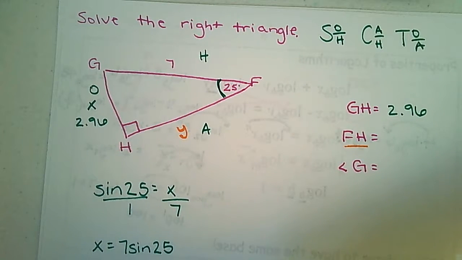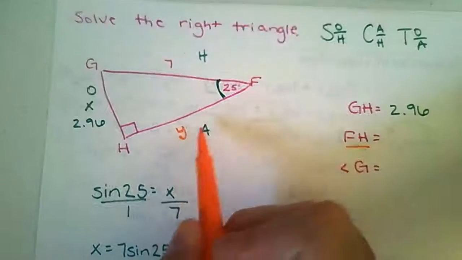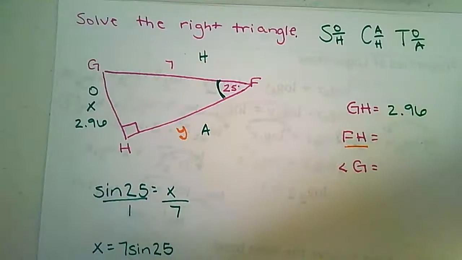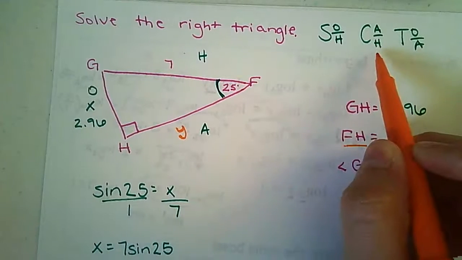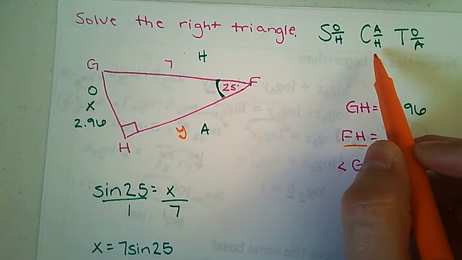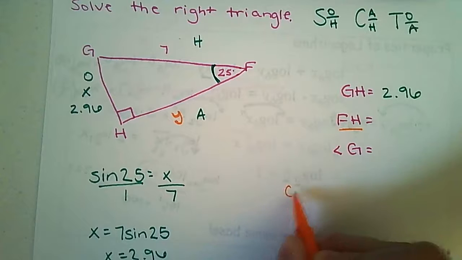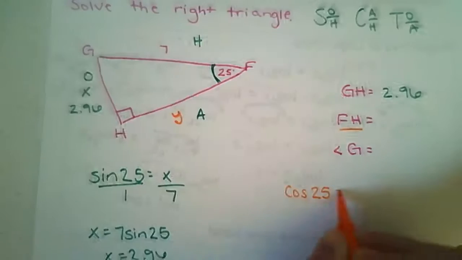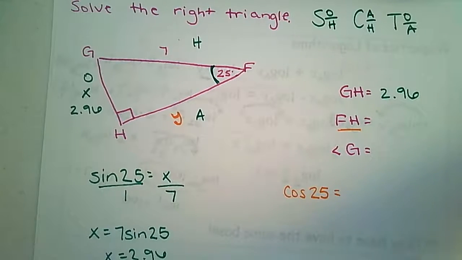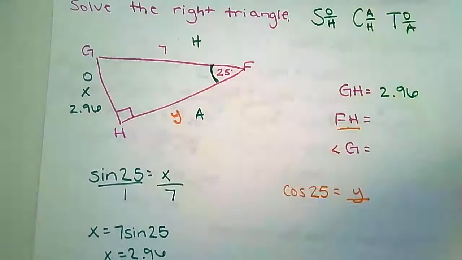This time, I know my hypotenuse, and I'm trying to find the adjacent. So this time I have the A and the H. So this means this time I need to use the cosine function. So I'm going to set it up the same way. I'll have the cosine of our angle equals our adjacent side over our hypotenuse.